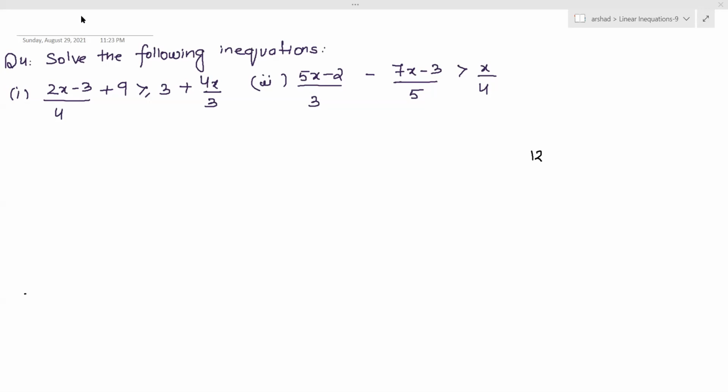Ikhra, very good. Your answer is correct. Please write this in the interval form and draw the number line.